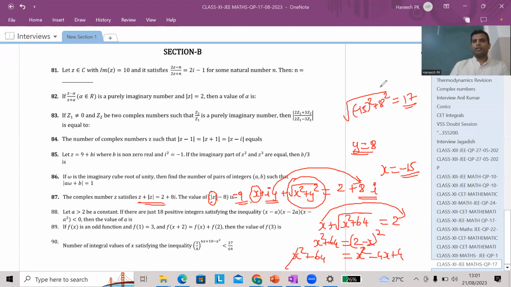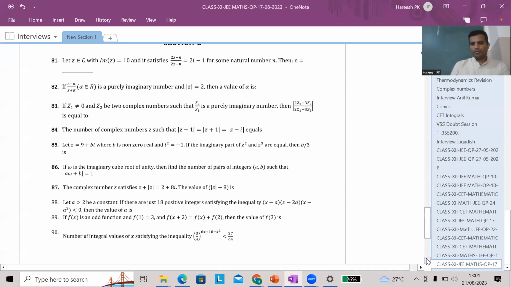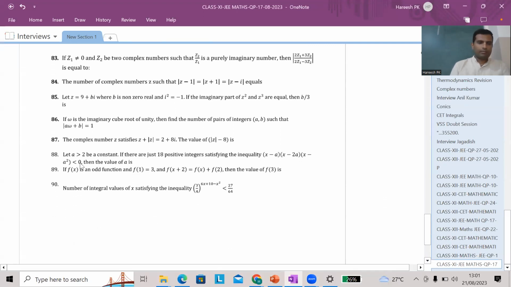Now 89th, 90th, let's do them quickly. 89th question. They are saying f of x is an odd function. Odd function means it should be like some x power odd number.